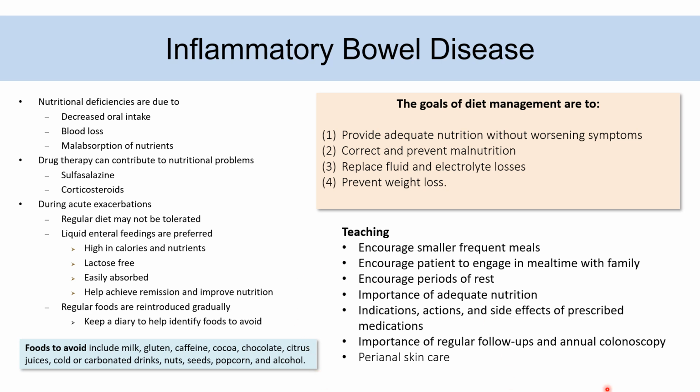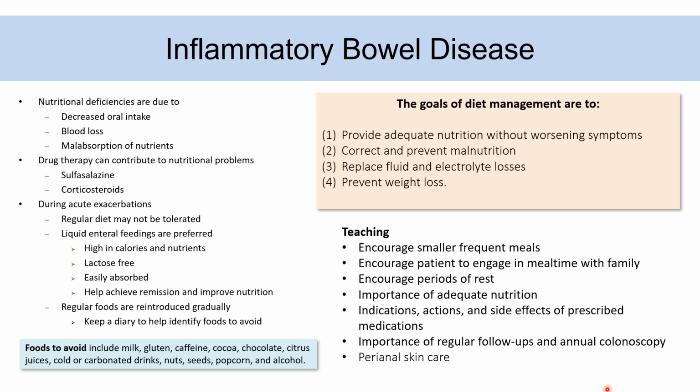So these patients commonly have nutritional deficiency because maybe they have nausea and vomiting and diarrhea and they don't want to eat, or maybe they've had blood loss, or maybe they just can't absorb the nutrients because of all that inflammation. Some other medications that they can take can also contribute to nutritional problems.